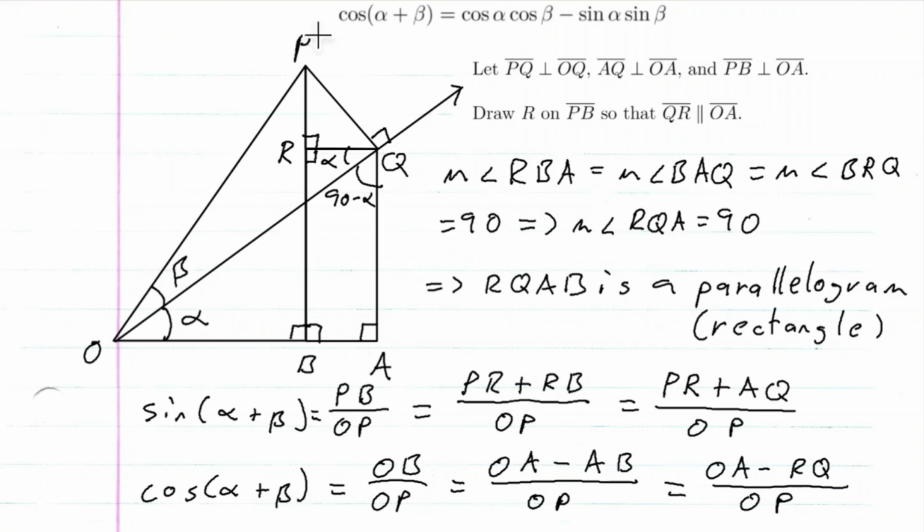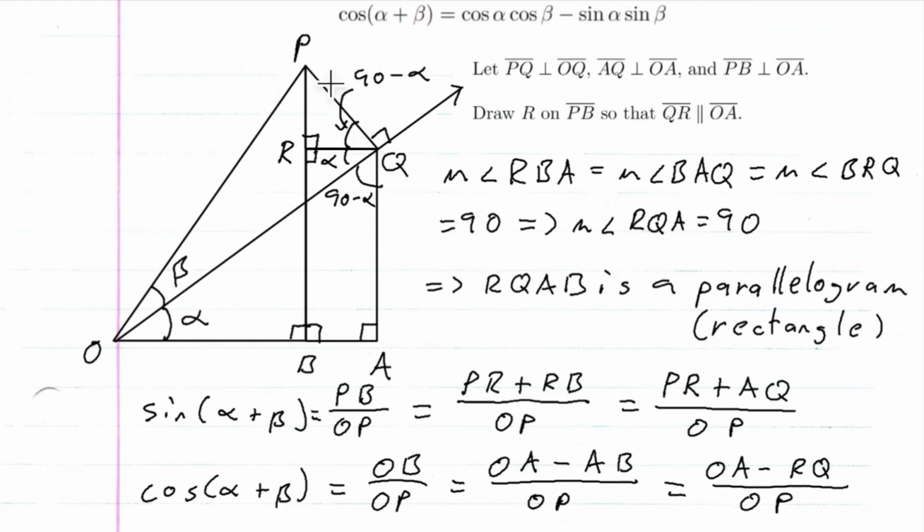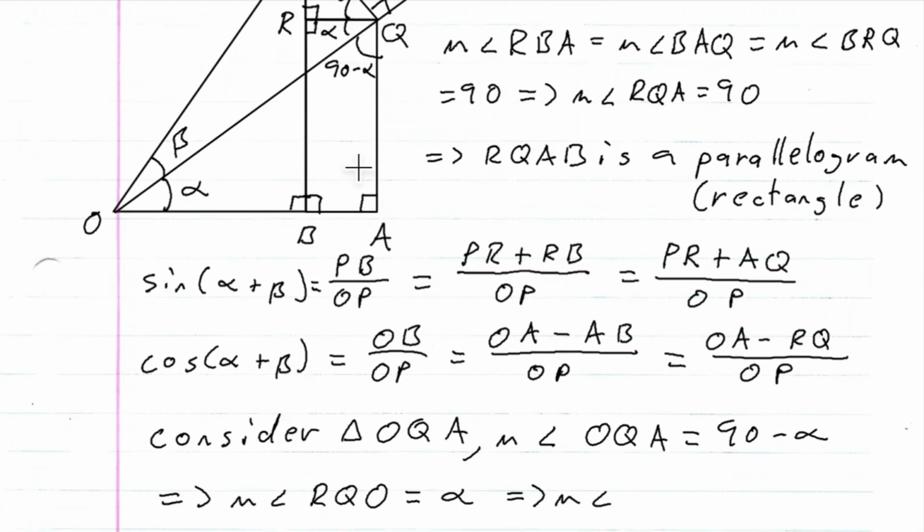And of course, since PQ is perpendicular to OQ, that means PQR here must be 90 minus alpha again, because alpha plus 90 minus alpha would give me that 90 that's required here. So this implies that the measure of angle PQR is equal to 90 minus alpha.